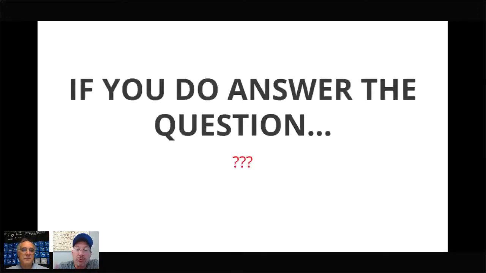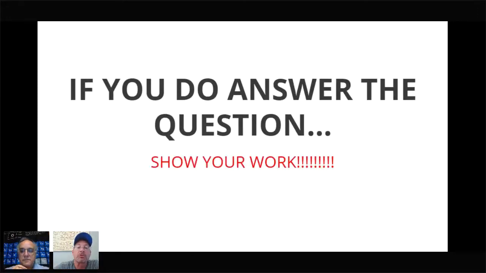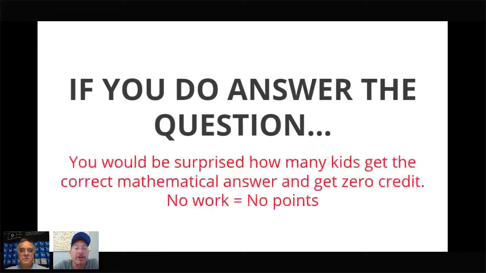If you do answer the question, show your work. If it's a calculation, please show your work. You would be surprised how many kiddos get the right answer and get absolutely no points whatsoever. Okay? If we see the right answer and absolutely no work, you get no points whatsoever. Okay? We just assume that you cheated.